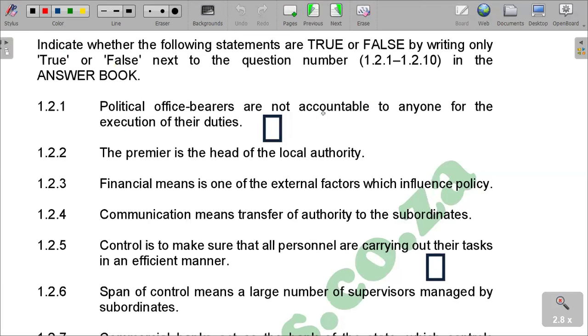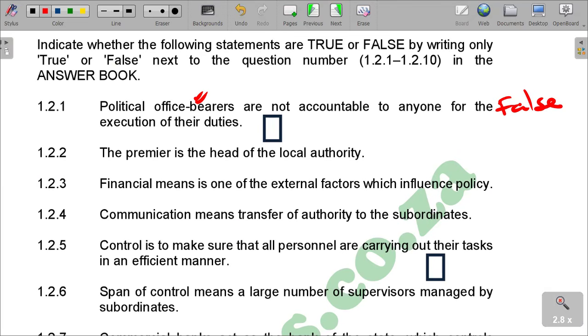Political office bearers are not accountable to anyone for the execution of their duties. It is false, because these people are accountable. We have the president, ministers, and whoever is appointed as an office bearer. They really have to account and speak on whatever they have done and why it happened that way.